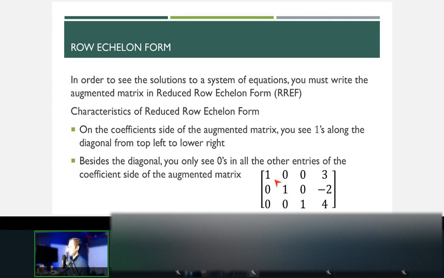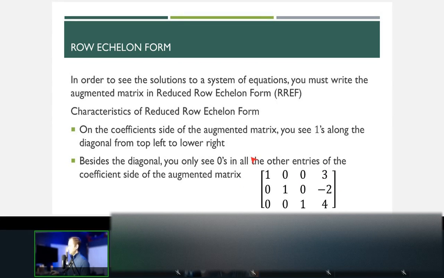The second characteristic of RREF is that everything else above or below the ones has to be zero. Look, here's this one, we have zeros below it. Here's this one, we have zeros above and below. And here's this one, we have zeros above. Now, the last column to the far right can be absolutely anything.